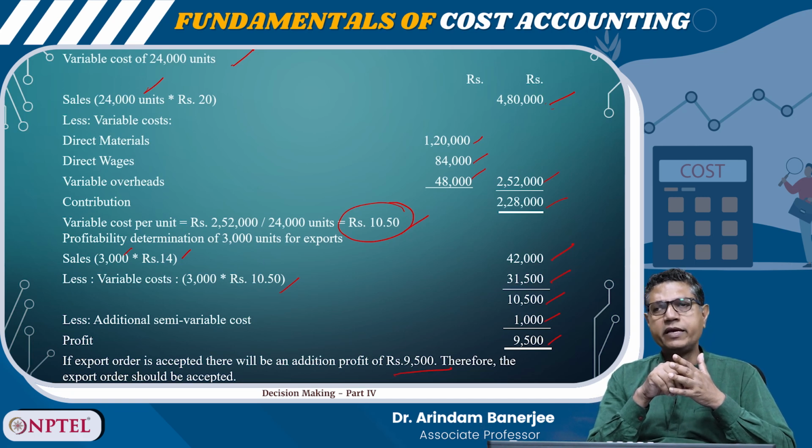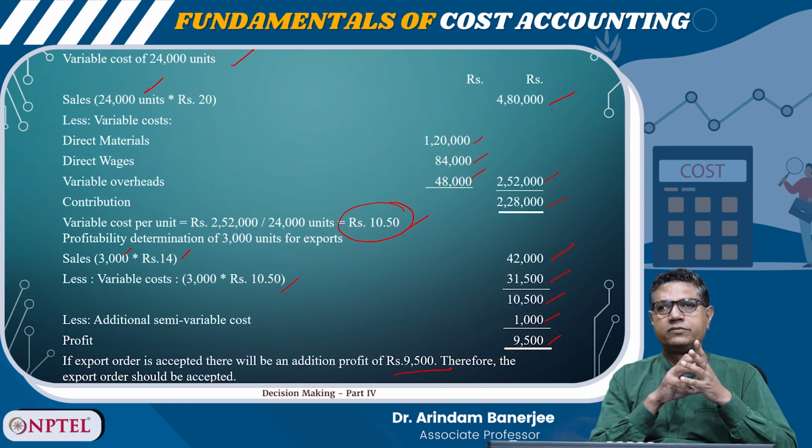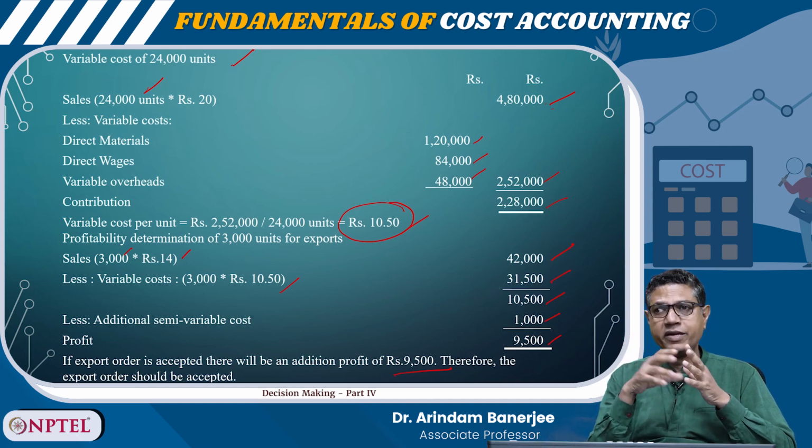That means, in other words, the company must earn a total contribution which is equal to the fixed cost. Now, we need to check whether this is happening here or not.